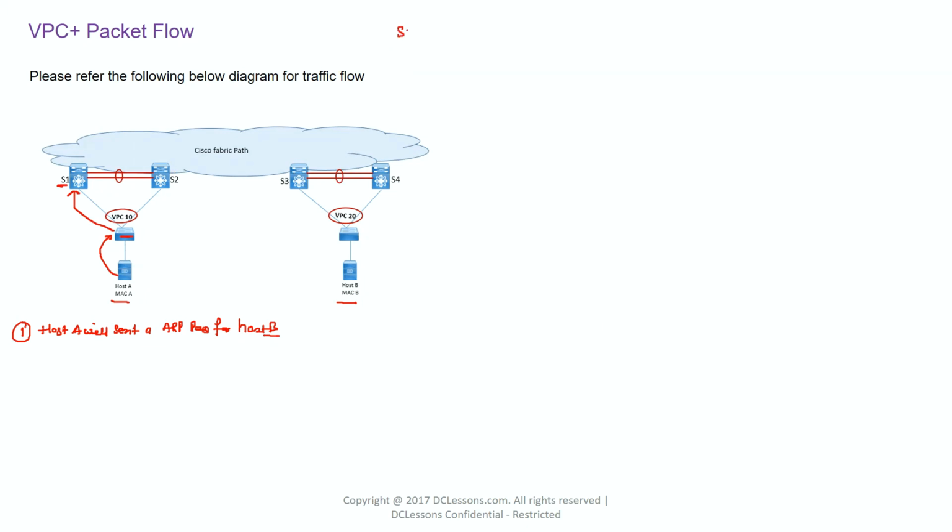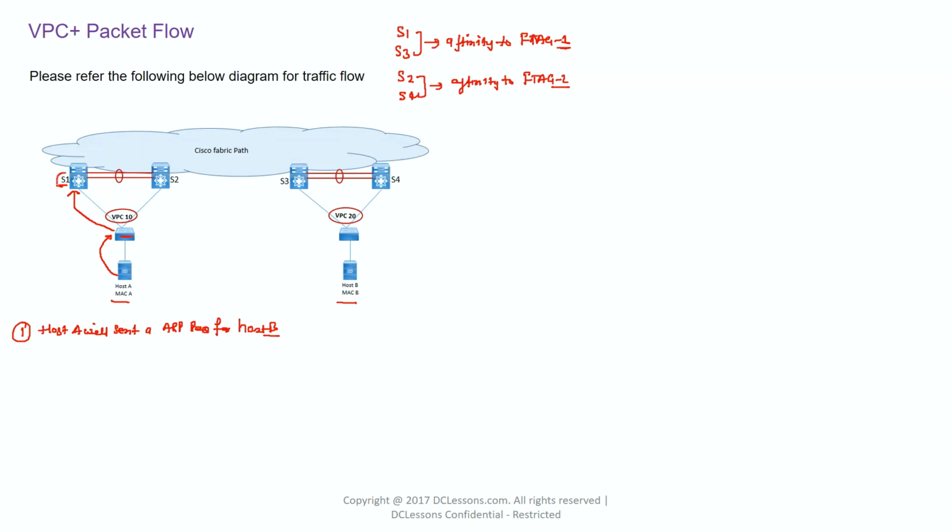So let's suppose S1 and S3 have announced their affinity to FTag 1, whereas switch 2 and switch 4 have announced their affinity to FTag 2, right? So switch 2 and switch 4 are participating for the FTag 2 tree, whereas switch 1 and switch 3 are participating for the FTag 1 tree.